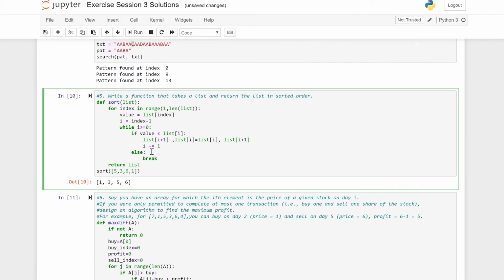Then we are going to drop the i value by 1, and now i was 0 and it's now -1. That's why we're going to be out of this while loop, and we will still be in this for loop.